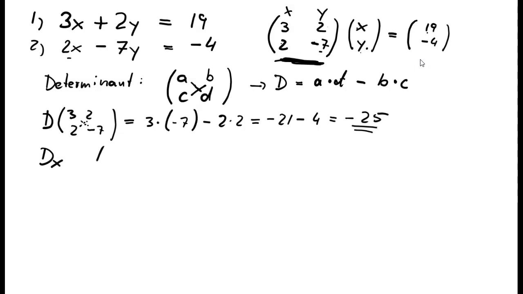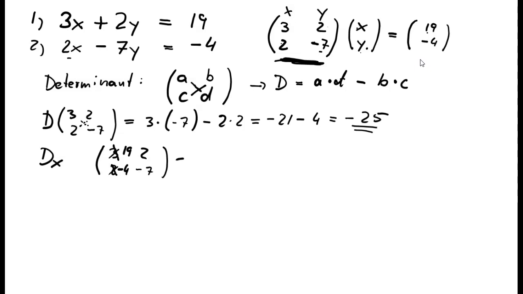So I write this down again: 3, 2, 2, minus 7. And I substitute the x values that I indicate here with the result matrix, so that would be 19 and negative 4. So that is the substitution for the x values.